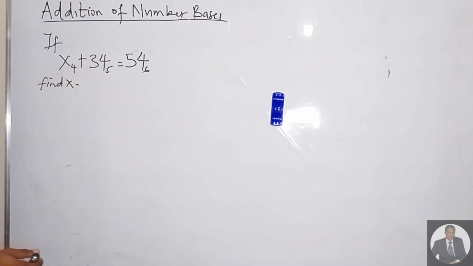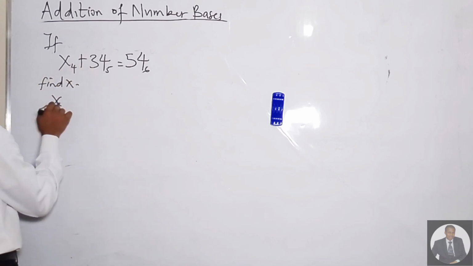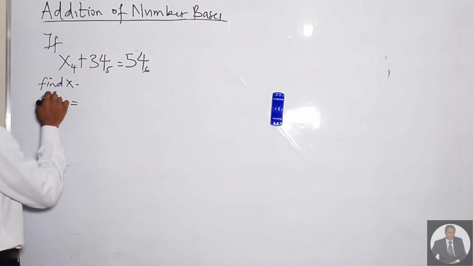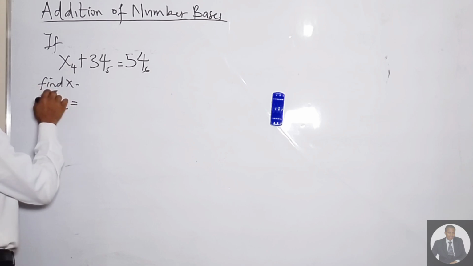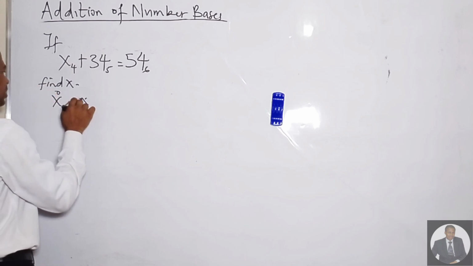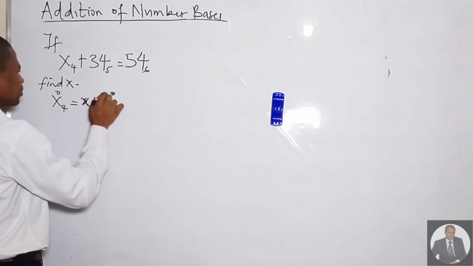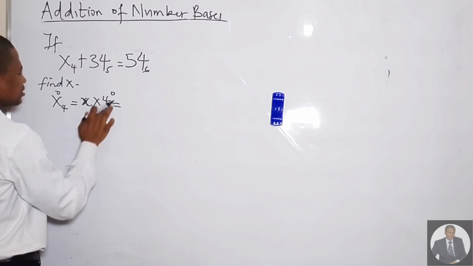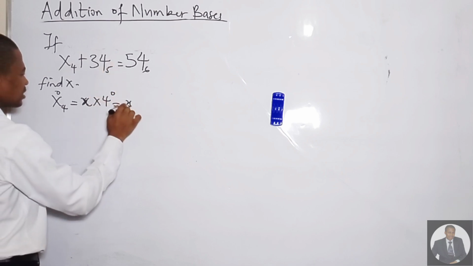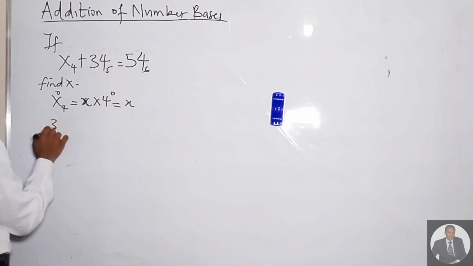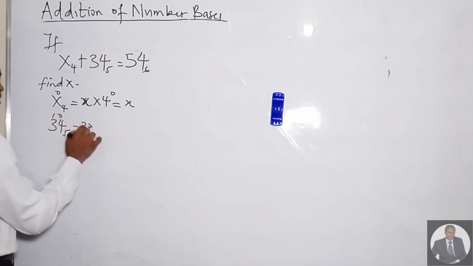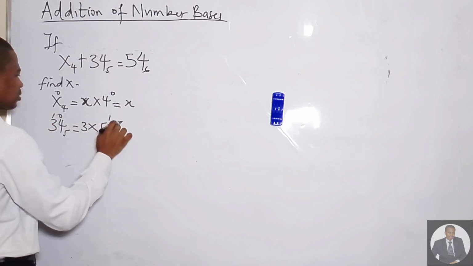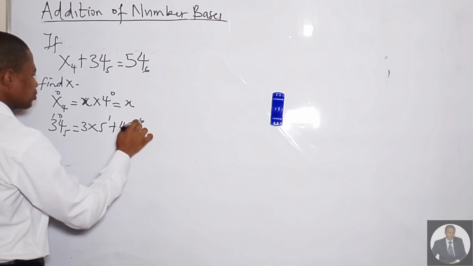Let's convert everything first to base 10. X base 4 is the same thing as x times 4 raised to power 0. Anything raised to power 0 is 1, so the answer is x here. Then 34 base 5 will be 3 times 5 raised to power 1 plus 4 times 5 raised to power 0.